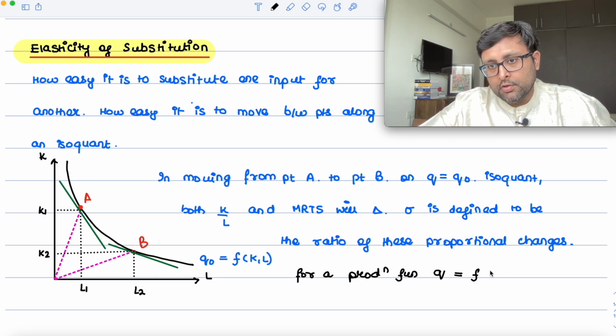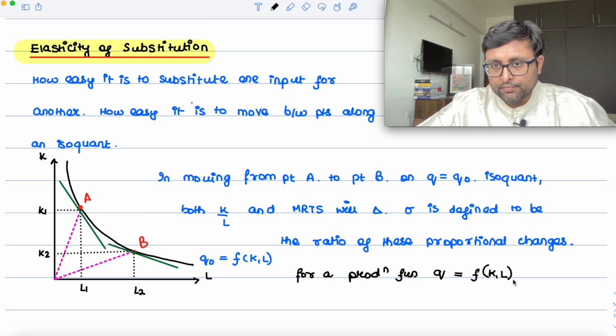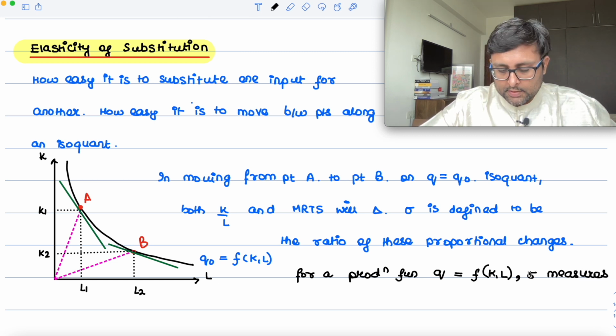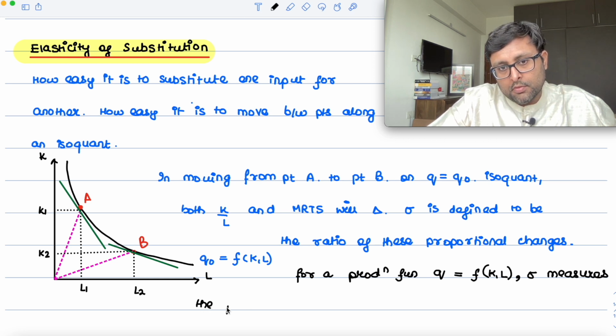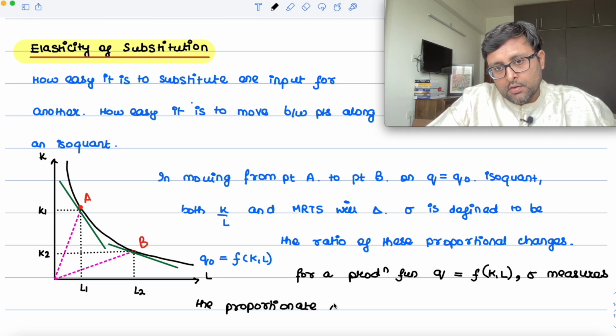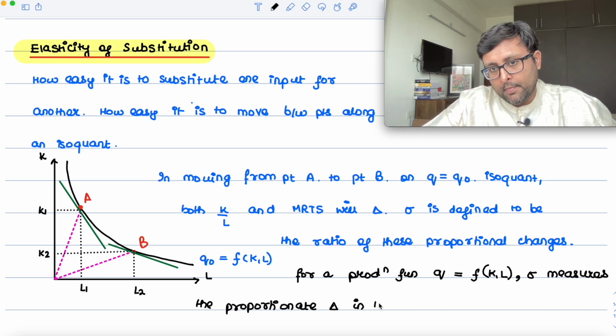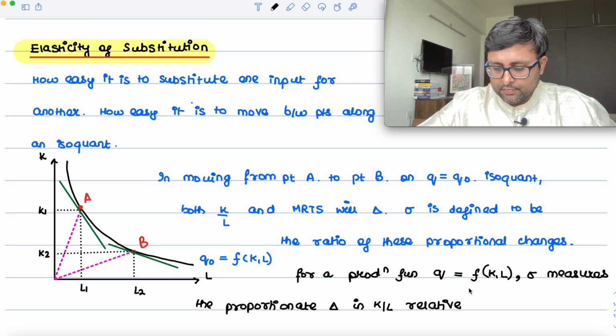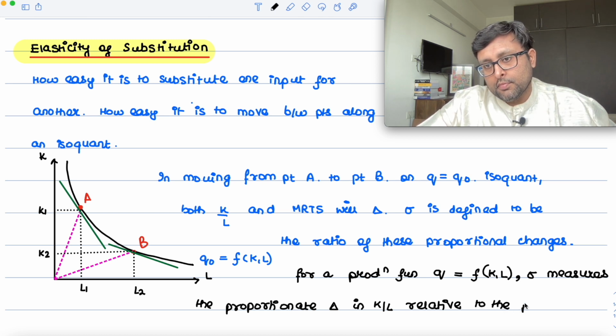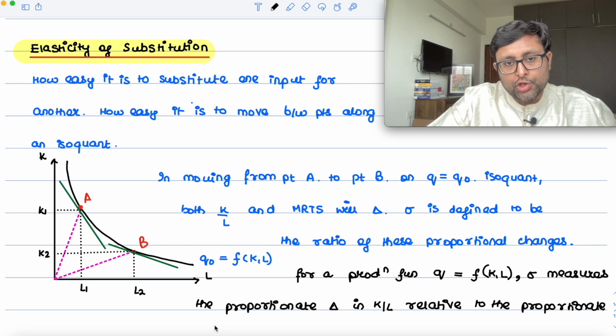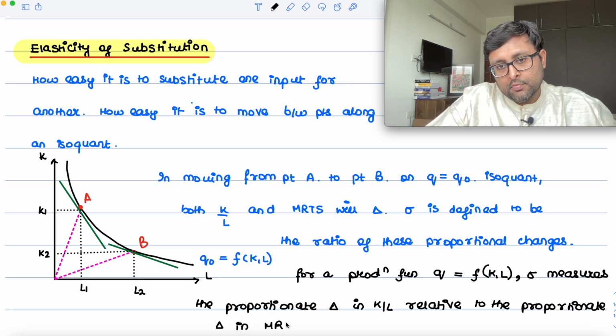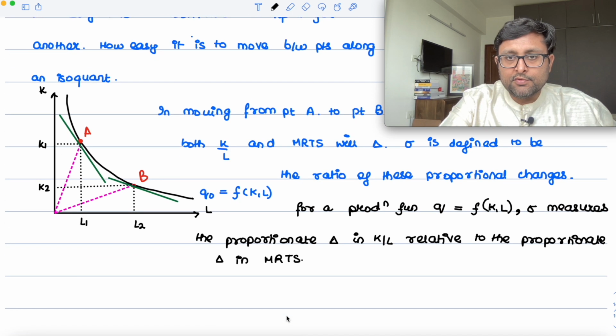For a production function, Q is equal to f of K, L, sigma measures the proportionate change in K by L relative to the proportionate change in MRTS.